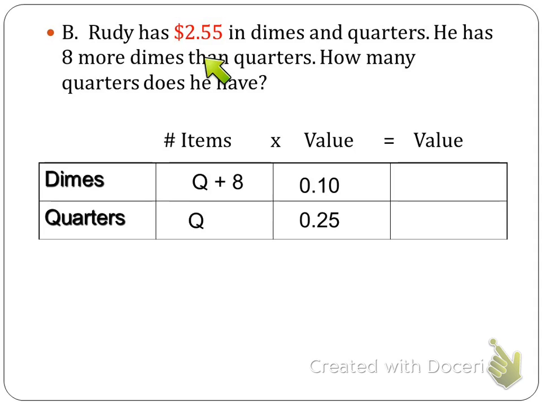So just leave it like that, okay? So keep it as a decimal, dollars and cents, right? All right, and then the value, we multiply those 2 together. Here, don't forget that you're going to have to distribute times the Q and the 8, all right? So we write the value first times the number of dimes and the value times the number of quarters.